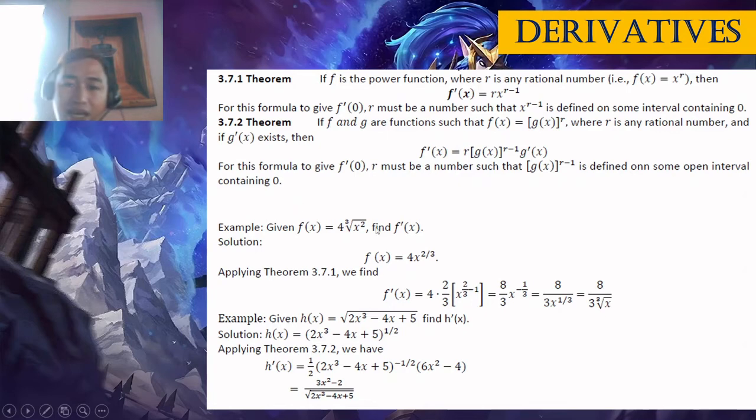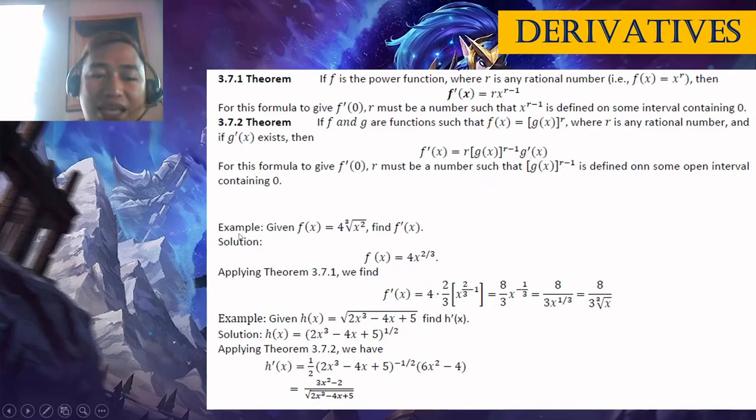So for the theorem with g of x to the power of r, we multiply r on the side of g of x, and its exponent is reduced by 1, so minus 1, times the derivative of the inside, g prime of x, the derivative of the inside that I mentioned earlier.